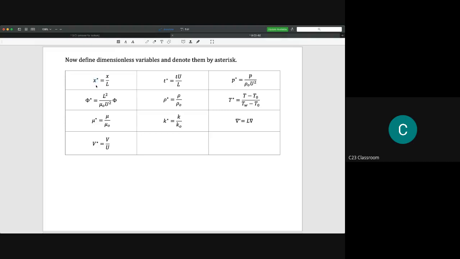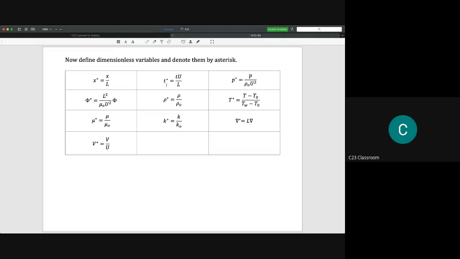For example, if we want to evaluate x, we put x star here, and it is equal to x over L. Normally x will show us the length, and we divide by the common length so we could get the changes. So this is the meaning.